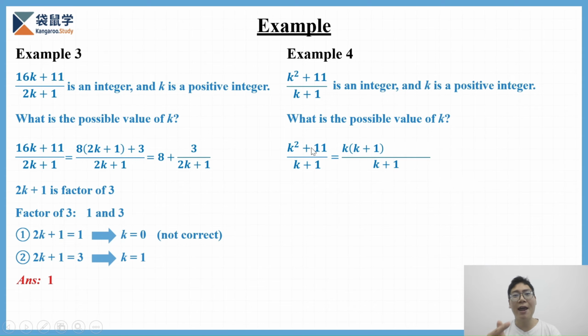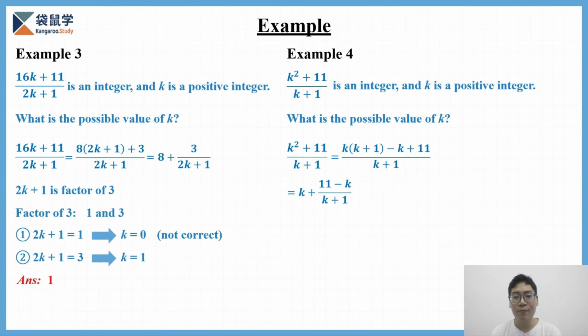Yes, minus k plus 11. So from here we can get k plus 11 minus k over k plus 1. But can we solve the value of k using these fractions? No worries. Let's try to do another round of separation of constants for these fractions.